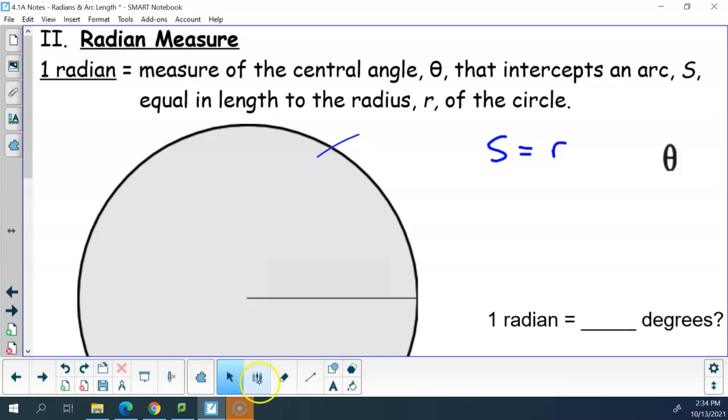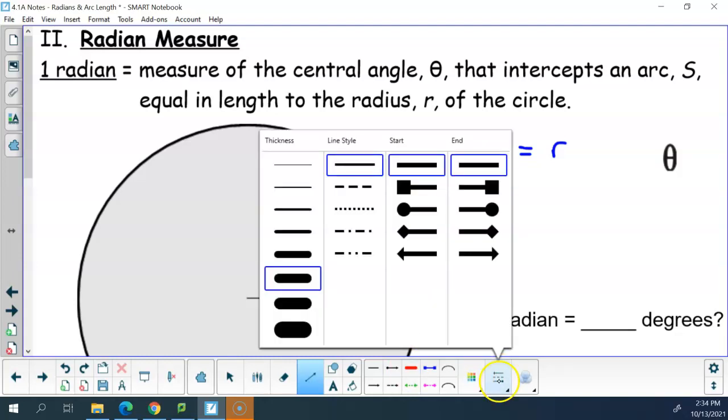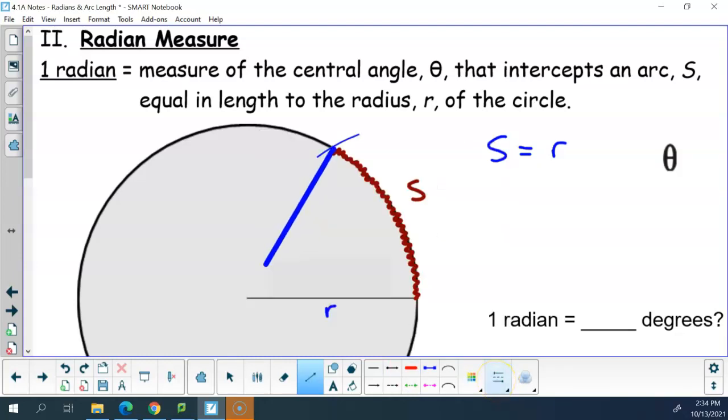Now, this arc length, that arc length is S. Here is my R. So the angle that gets formed right here, this angle is 1 radian.